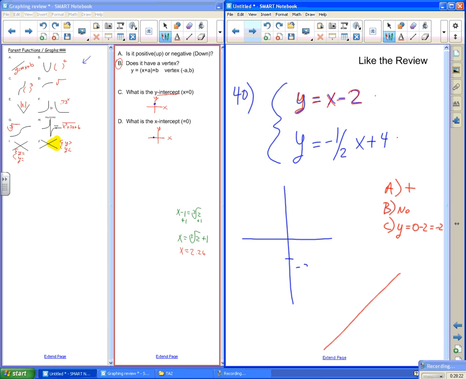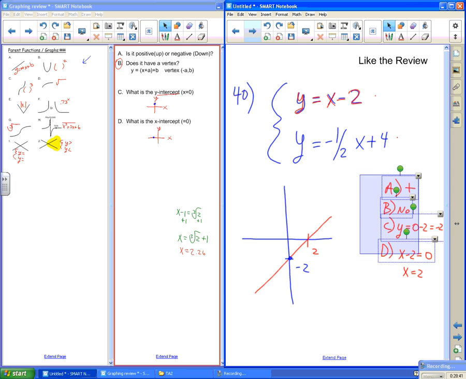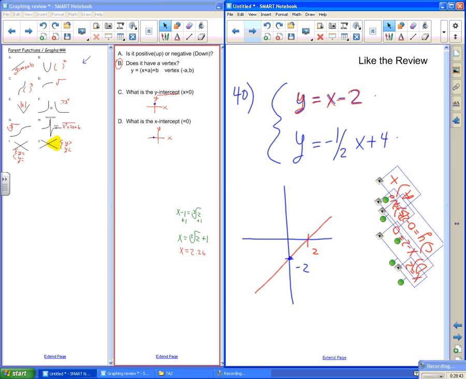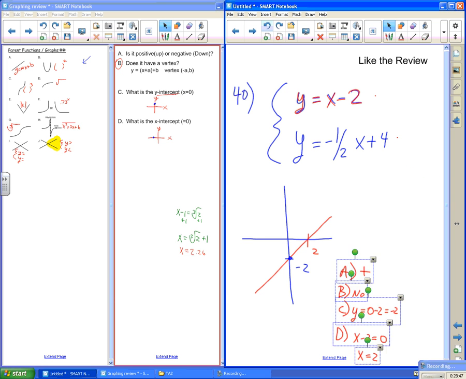So we're going to hit right there. Question D, if I set it equal to 0, what do I get? So that means I'm going to hit right here at +2 for my x. Okay, so there's my red line. So I'm going to move that down out of my way.